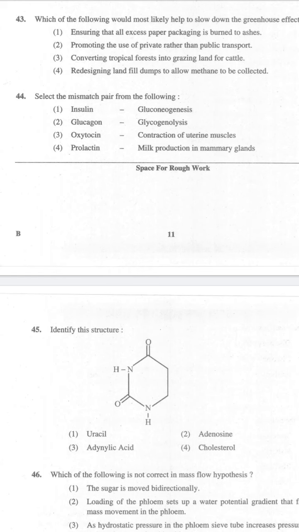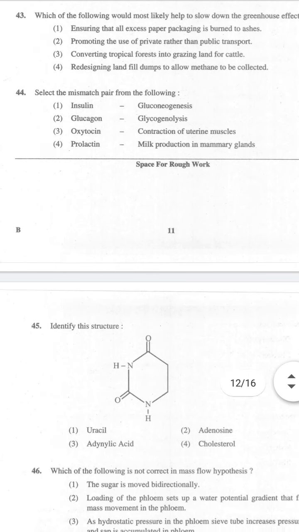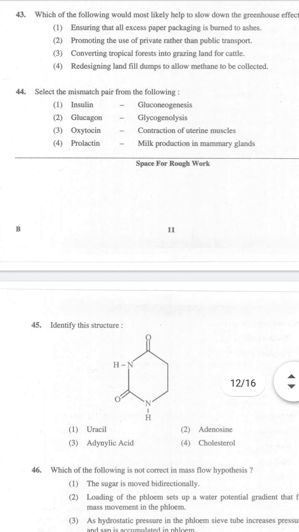Option 2, glucagon, glycogenesis. And option 3, oxytocin, contraction of uterine muscles. Option 4, prolactin, milk production by mammary glands. So the mismatch from the given 4 options is option 1. So the correct answer is option 1.